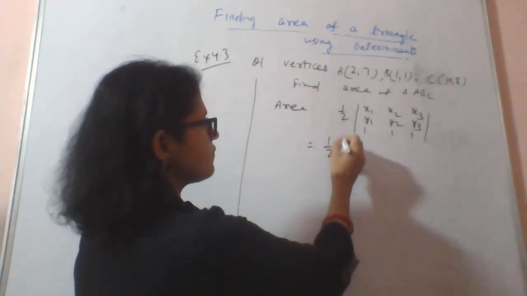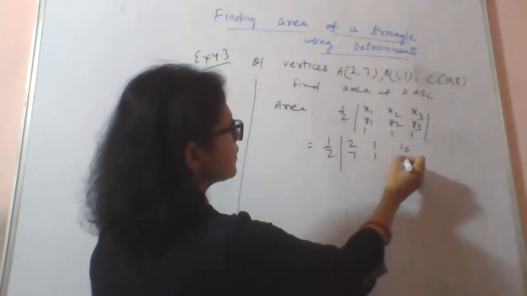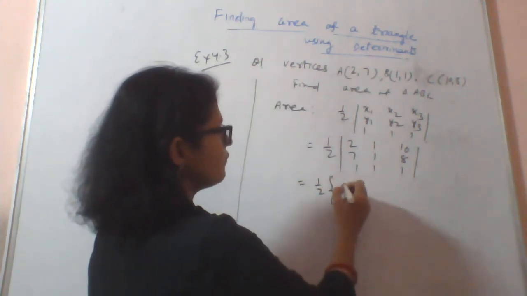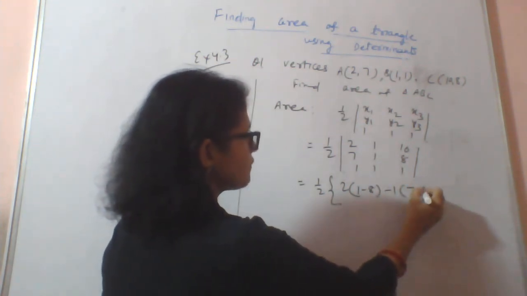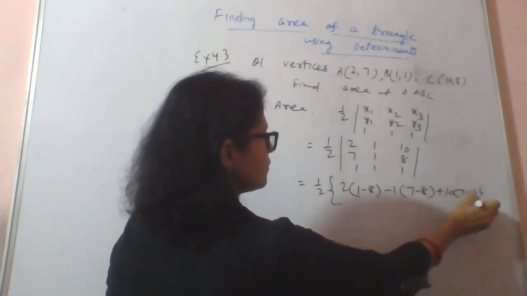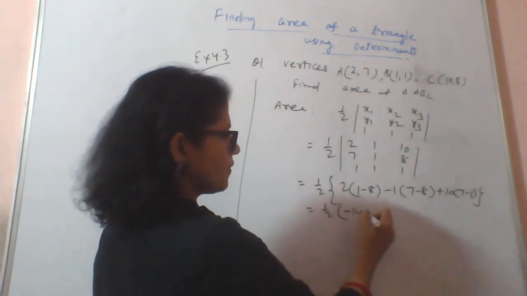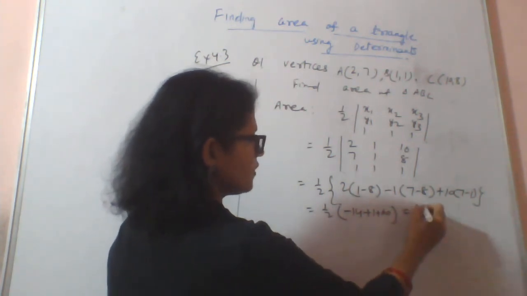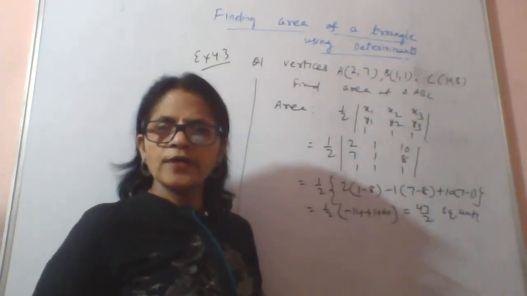It means half of the determinant 2, 7, 1, 1, 1, 1, 10, 8, 1. While evaluating, you can get half of 2 into (1 minus 8), minus 7 into (1 minus 10)... which is half of minus 14 plus 1 plus 60, that means 47 by 2 square units. Okay, so this is the area of the triangle.